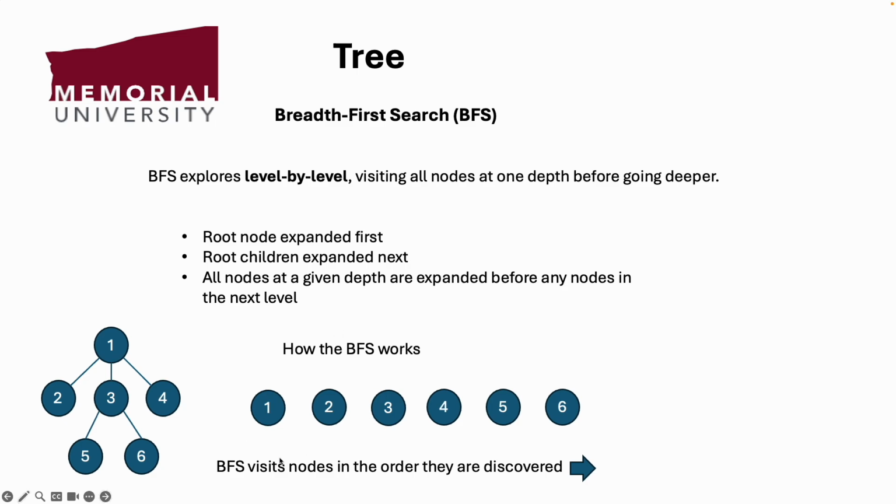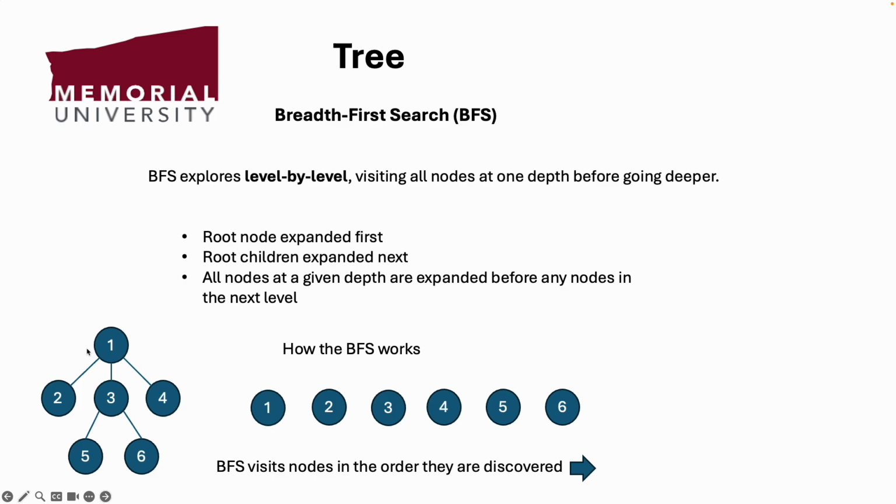So the breadth first search visits the nodes in the order they are discovered. What type of data structure can you think of to apply for breadth first search? This looks like first in, first out.